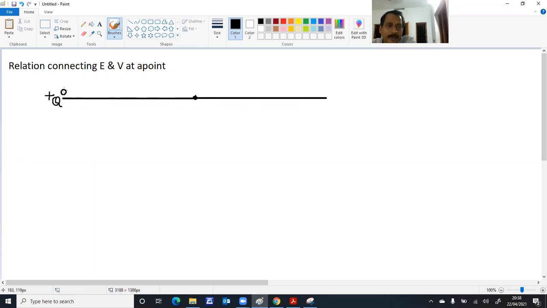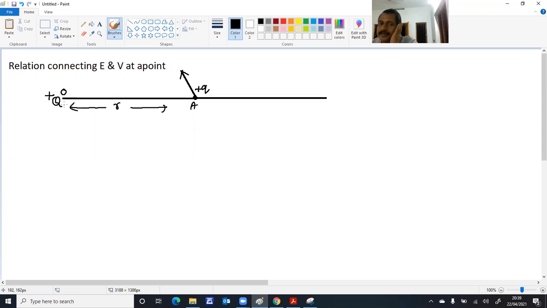The distance from O to that point is R. Imagine a charge is moving randomly in any direction. So this charge, a plus Q test charge like we have taken before, experiences a repulsion from the source charge.